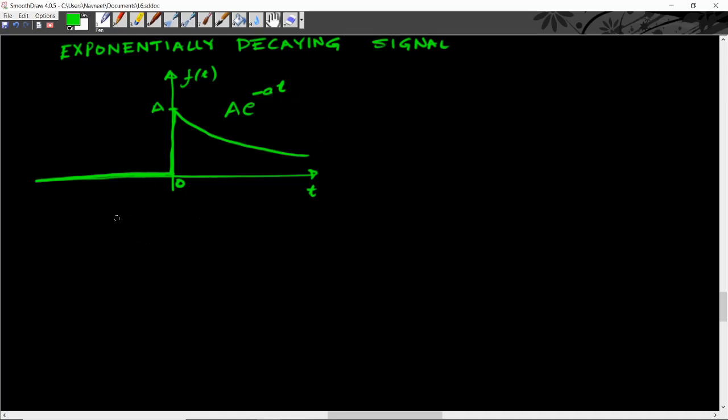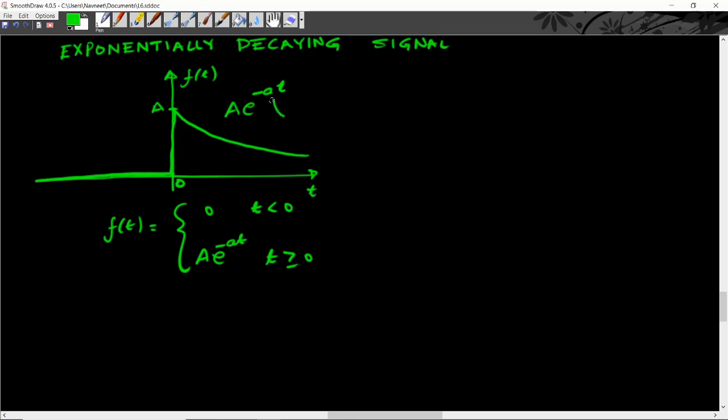That is, the function is given by 0 for all times less than 0, and is given by A times e to the power minus a t for time greater than or equal to 0.